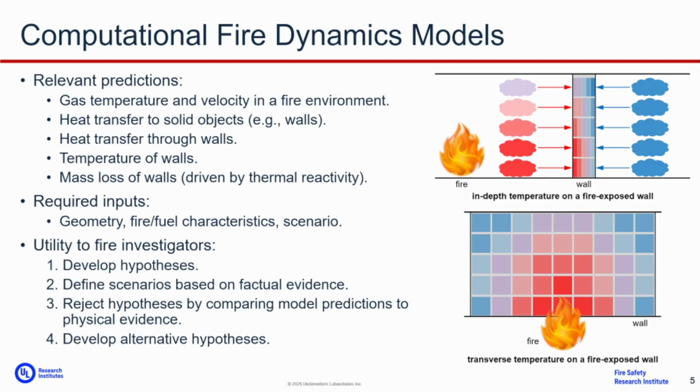So how a fire model can be used by an investigator then would first, step one, develop a hypothesis, define the scenarios of that hypothesis based on factual evidence, and then aim to reject those hypotheses by comparing predictions of the fire model to physical evidence collected on scene. When a hypothesis has been rejected, then of course develop alternatives until you can develop a credible hypothesis.